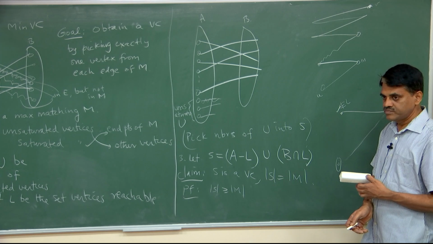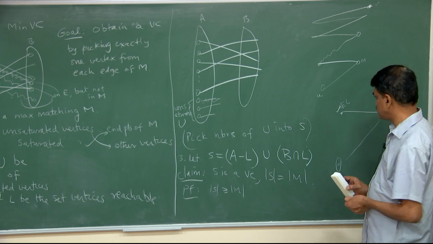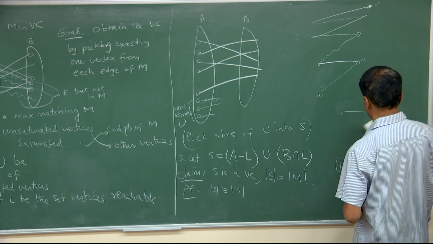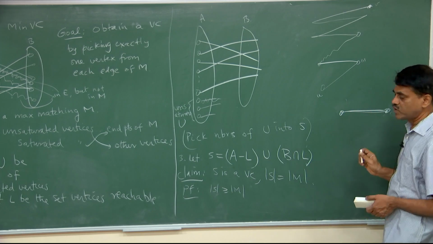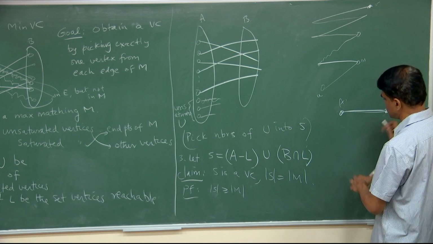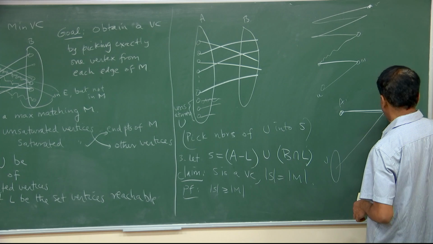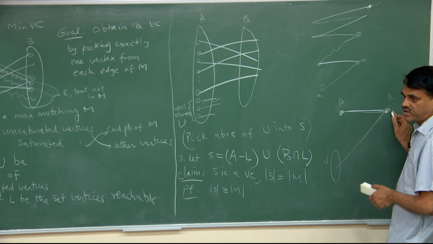Is that clear? That vertex can have another neighbor. Doesn't matter. So first, look at a matching edge. Here is my argument. Look at an edge which is in the matching. This is in B, this is in A. Is this vertex reachable from a vertex in U? If so, then it is in B intersection L, so I would have picked this.